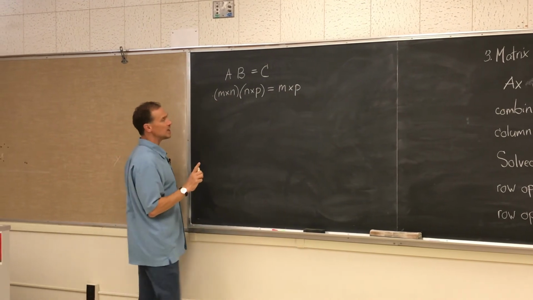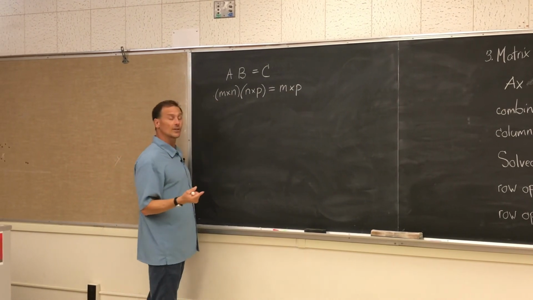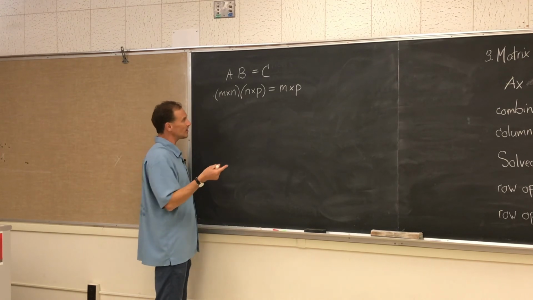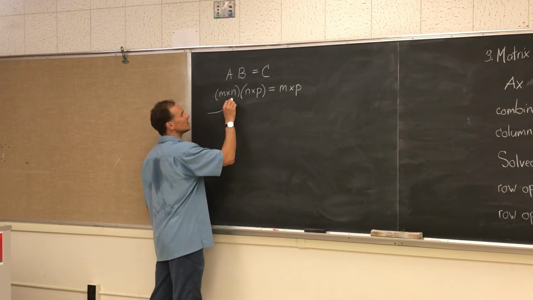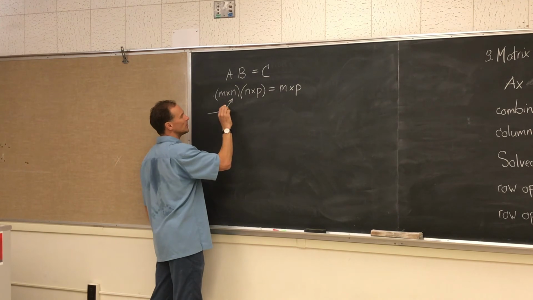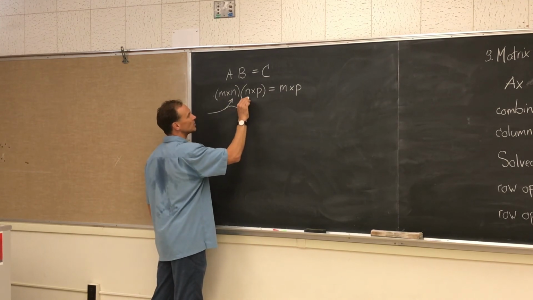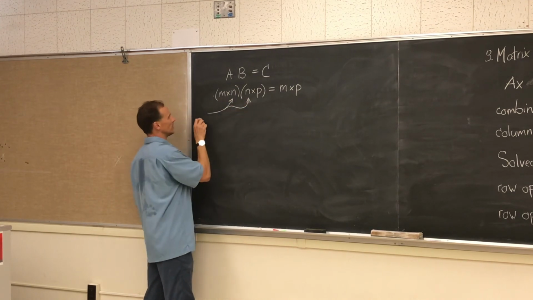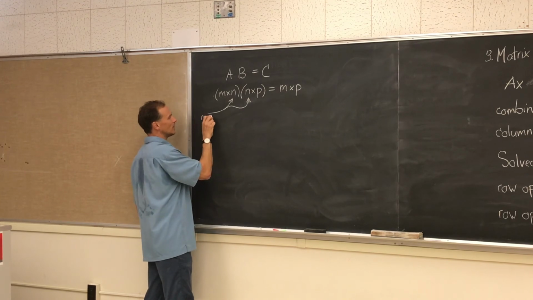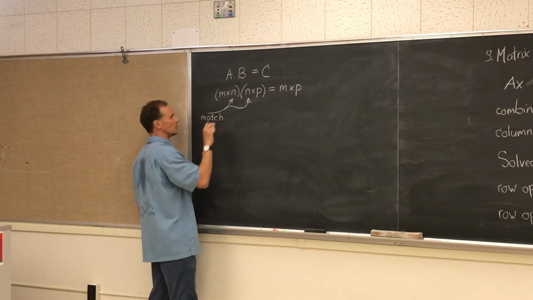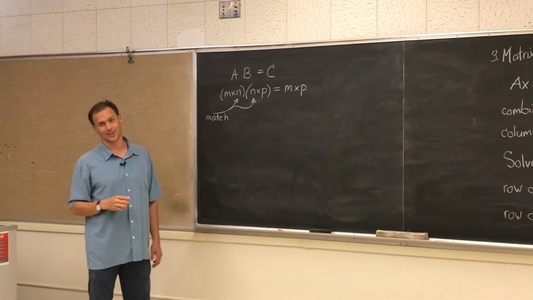Okay? So the key thing, matrix multiplication just does not make sense if the number of columns of A does not match the rows of B. So these always have to match. If they don't match, then there's just no multiplication.